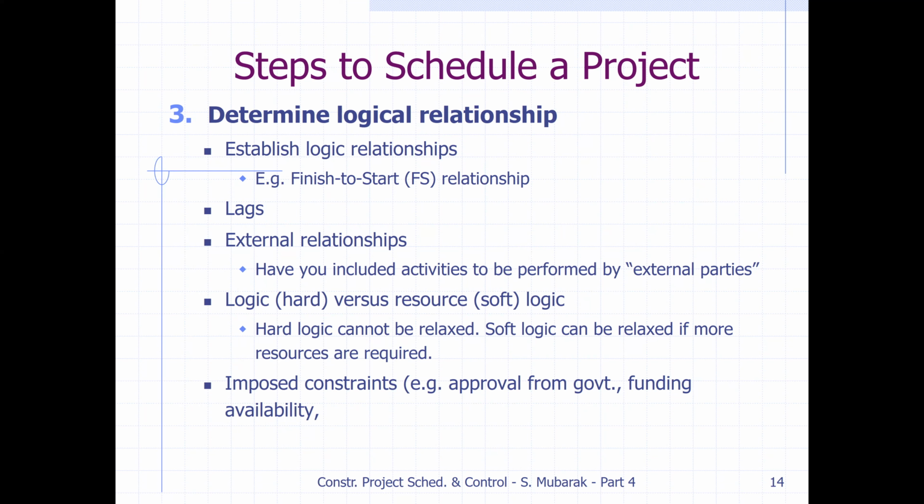Imposed constraints. Sometimes there will be constraints from the government side or from the owner, like stop the work or start this work on this date. Sometimes there are utilities underneath. In India, for example, there is a subway project.